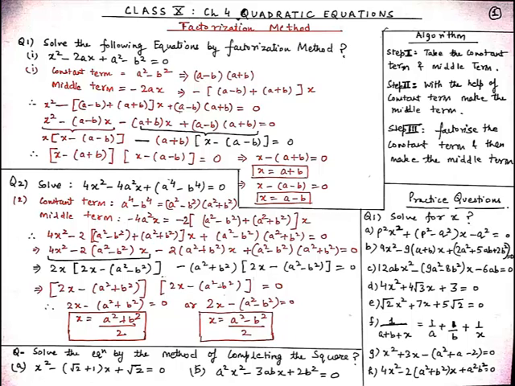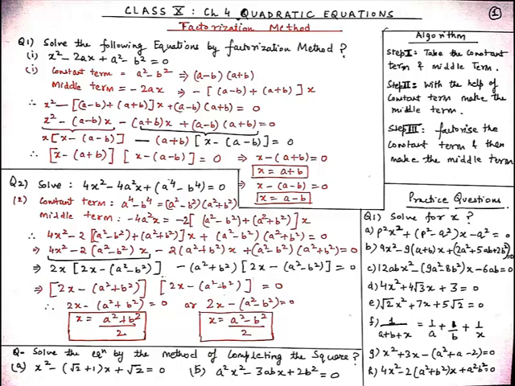And now we will further solve it. So 4x square, and then minus 2 into (a square minus b square) into x, and then minus into plus, minus 2 into (a square plus b square) into x, and then plus (a square minus b square) into (a square plus b square) equal to 0. Now from 4x square minus 2 into (a square minus b square) into x, we will take 2x as common.